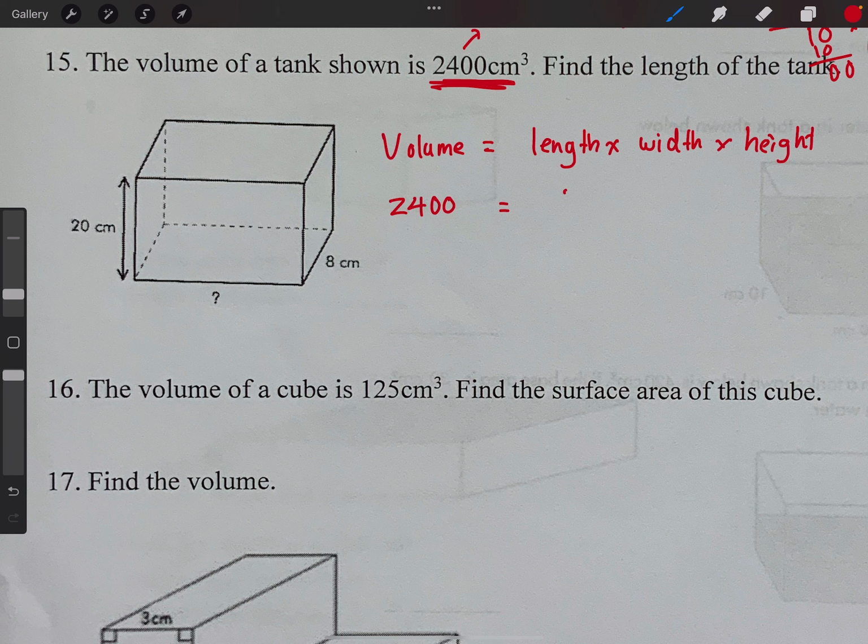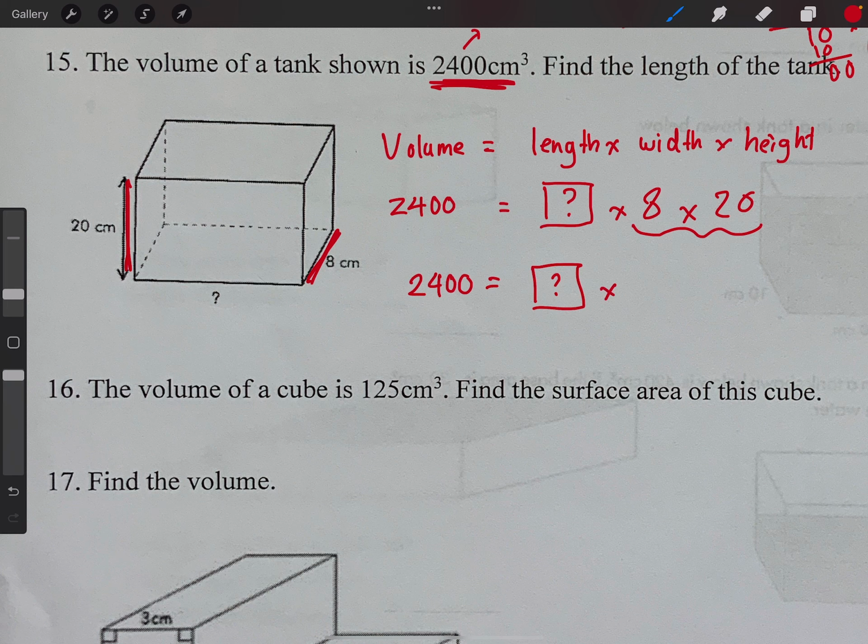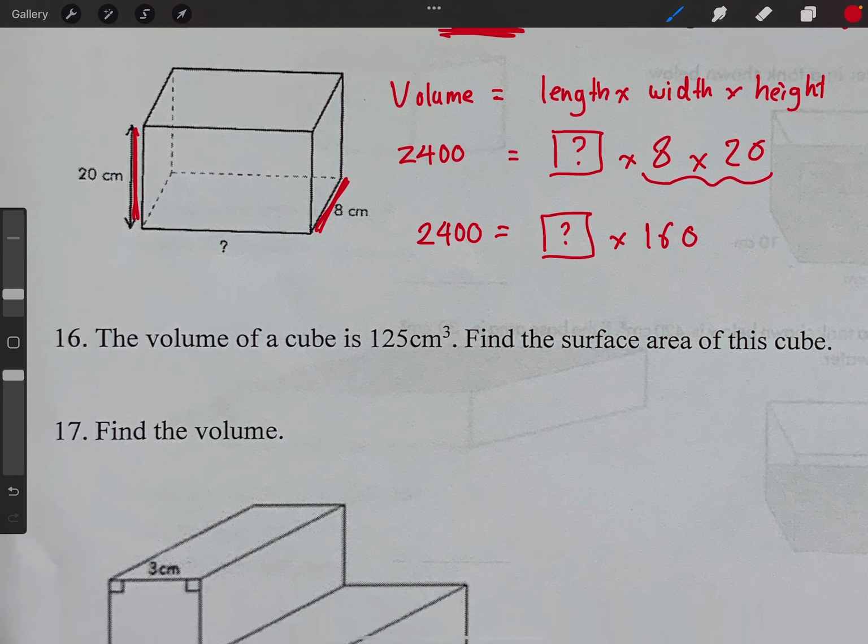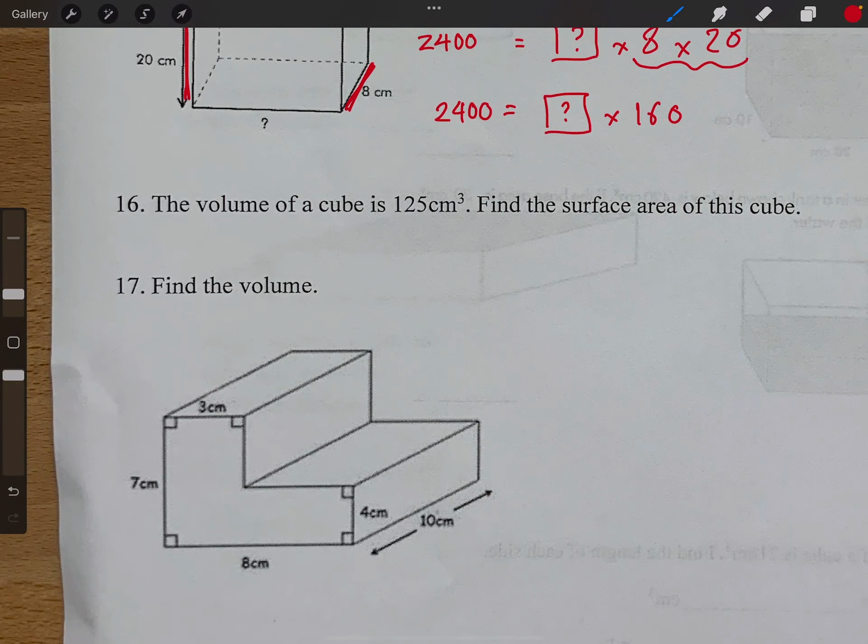The length is not given, so that's a question mark. The width is 8 and the height is 20. So what's 8 times 20? It'll be something times 160. You can work out that something.